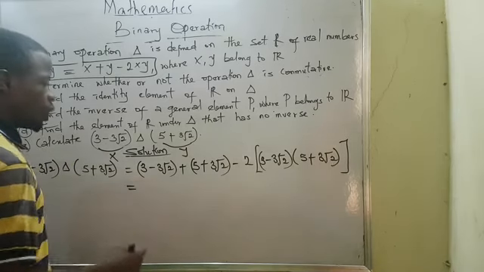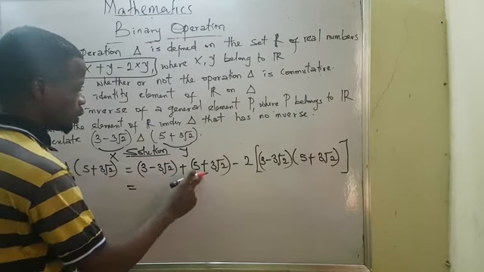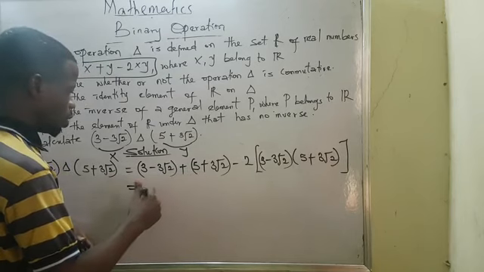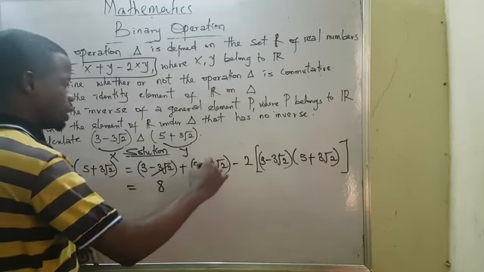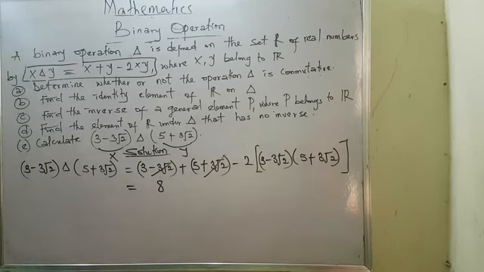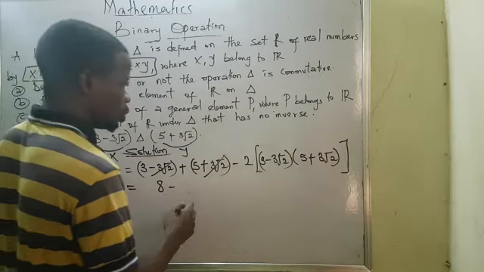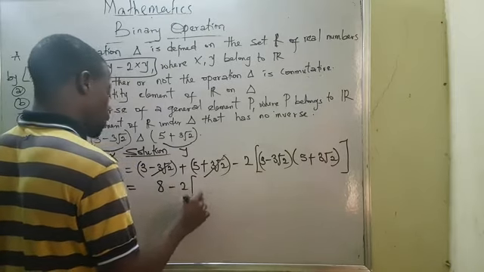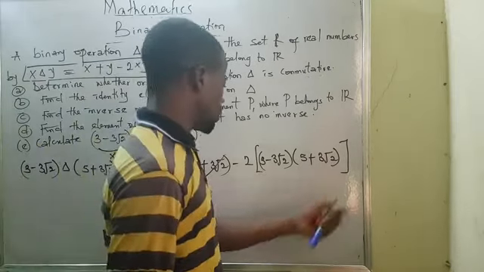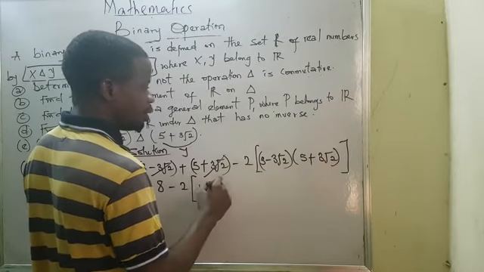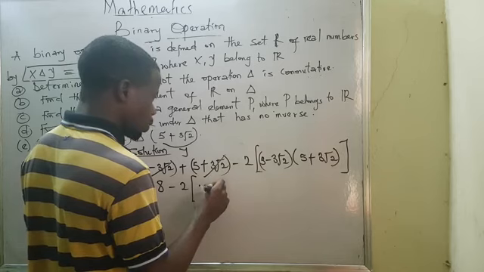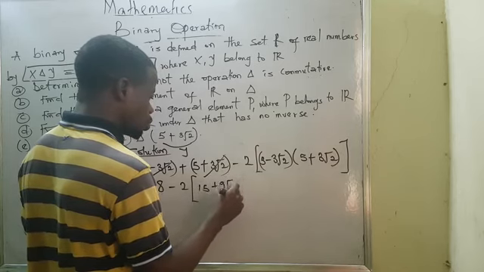So what do we do now? If we add this together, 3 plus 5 will give me 8. This guy and this guy are gone. So you have minus 2, open a bracket. Let these ones expand yourself. 3 times 5, 15. 3 times 3 root 2, that's plus 9 root 2.